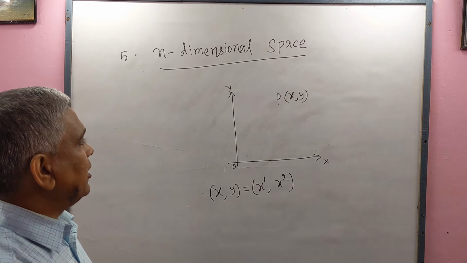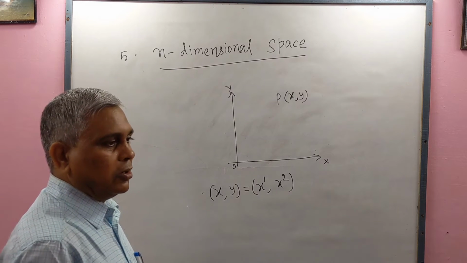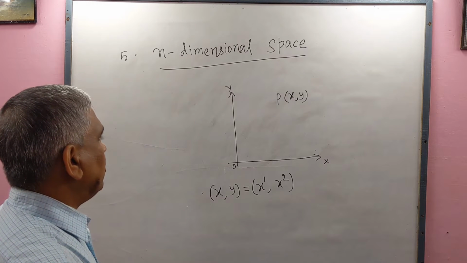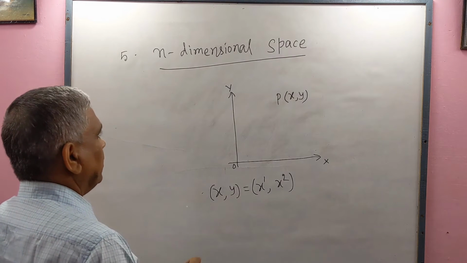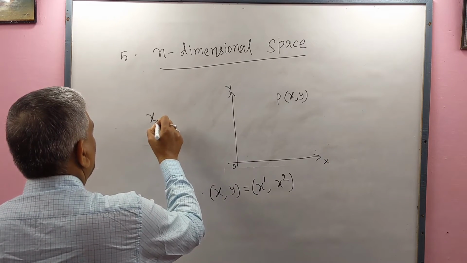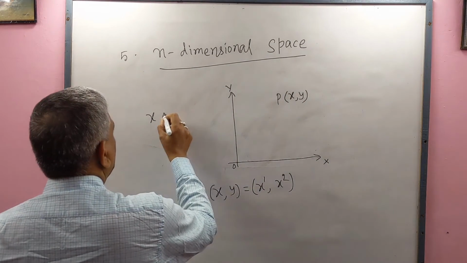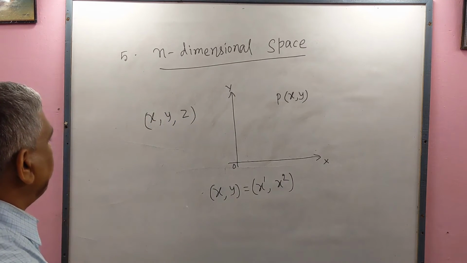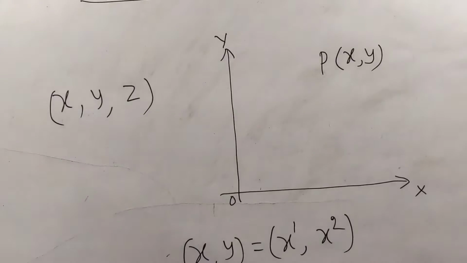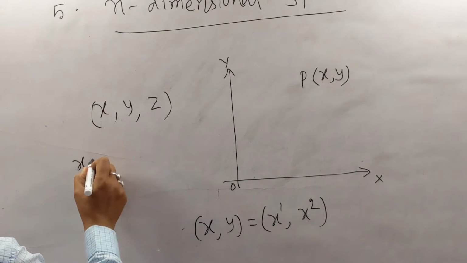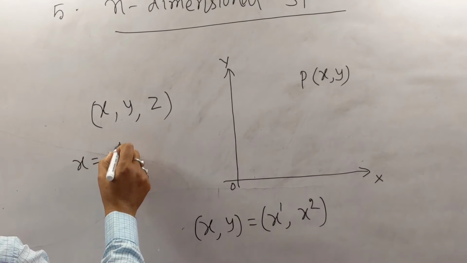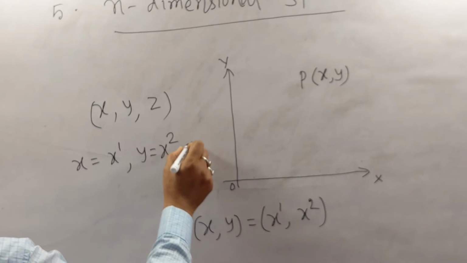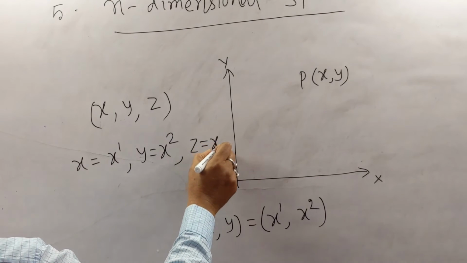Similarly, in three-dimensional space, we may locate a point by the ordered triplet (x, y, z). In tensor analysis, we write x equal to x1, y equal to x2, and z equal to x3.